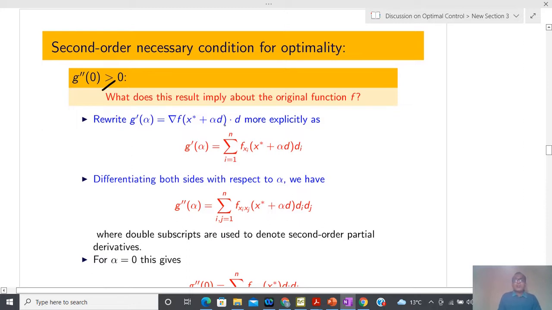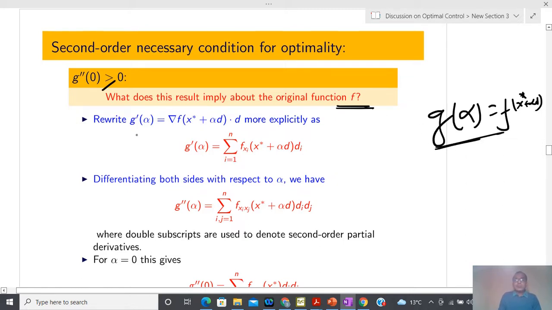Using this relationship, I am going to derive what kind of extra relationship is reflected in terms of f. Again, since I know g alpha is f of x star plus alpha d, I am going to take two time derivative of this.